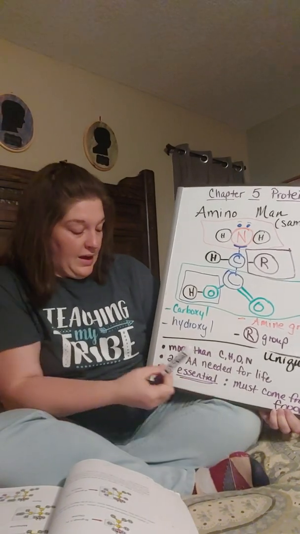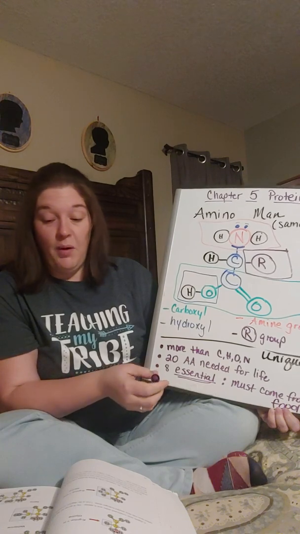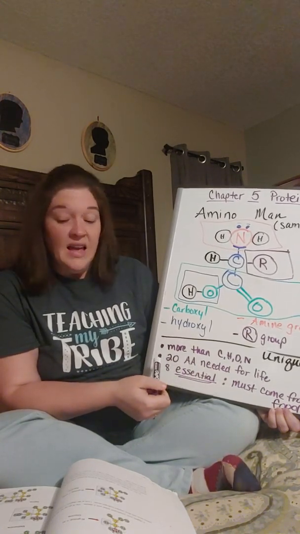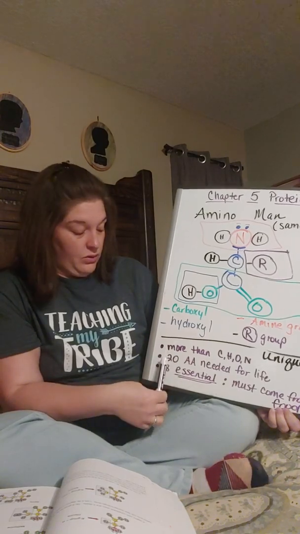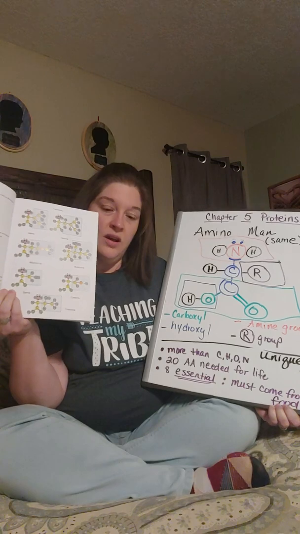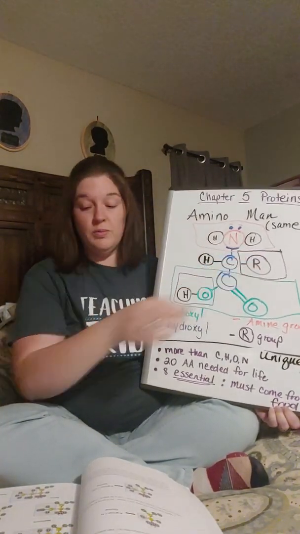So there's 20 of those. When I was in college, I had to memorize every one of them and their structures. So those are what's actually in your book here, is all the different amino acids and their structures with their R groups.